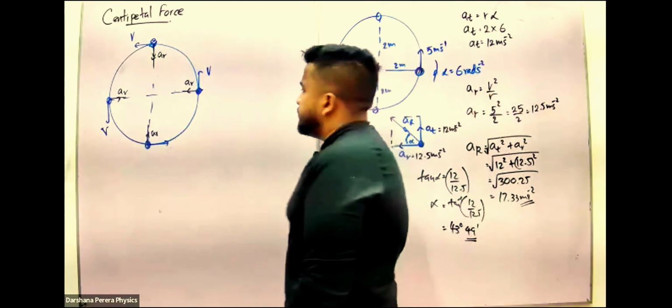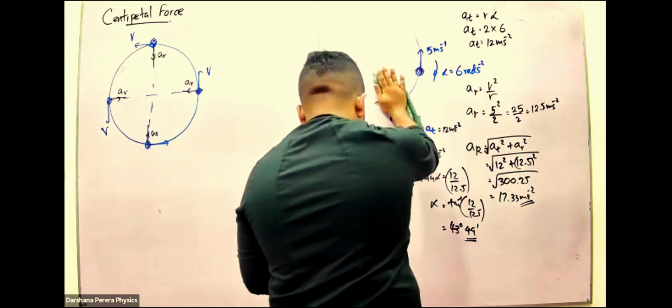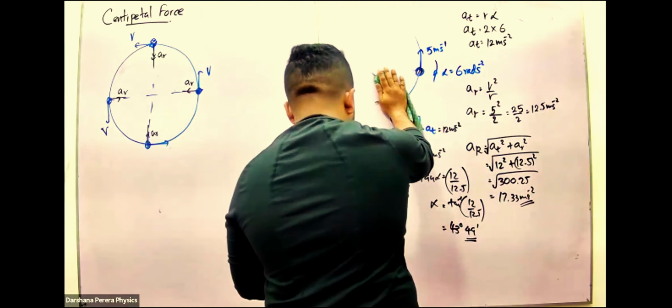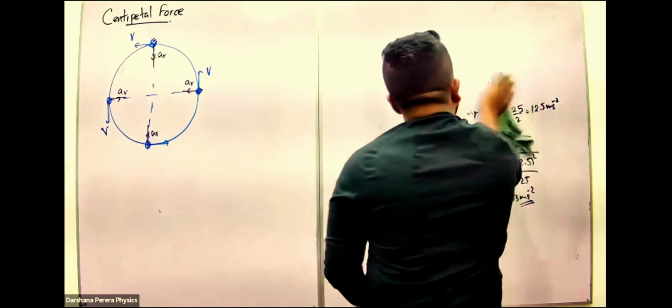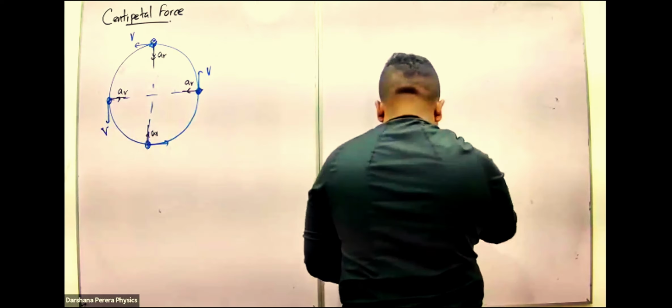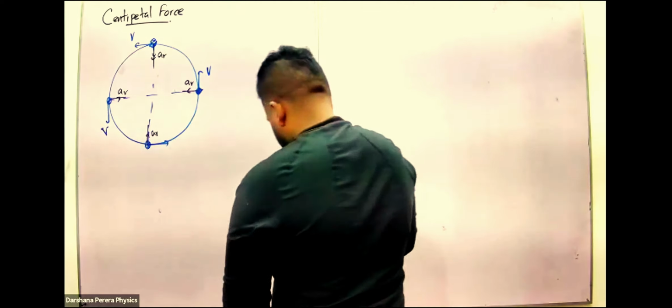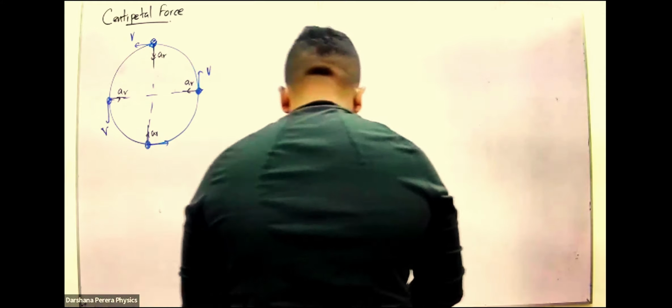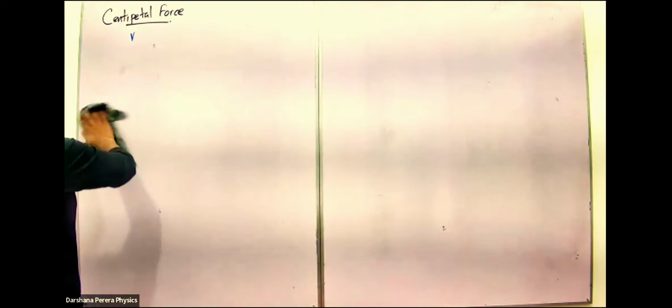Example. When an object is connected to a string and rotated in a circular path, the centripetal force is provided by the string.